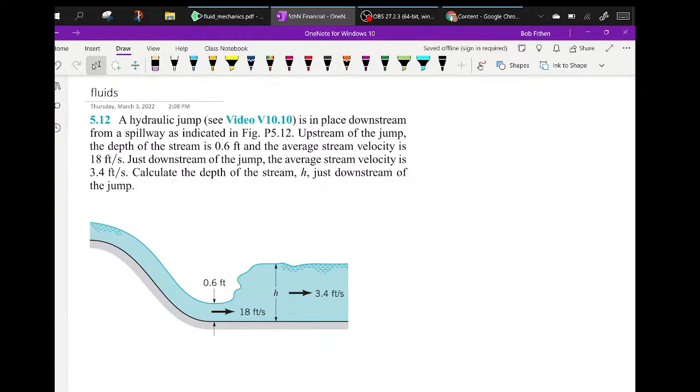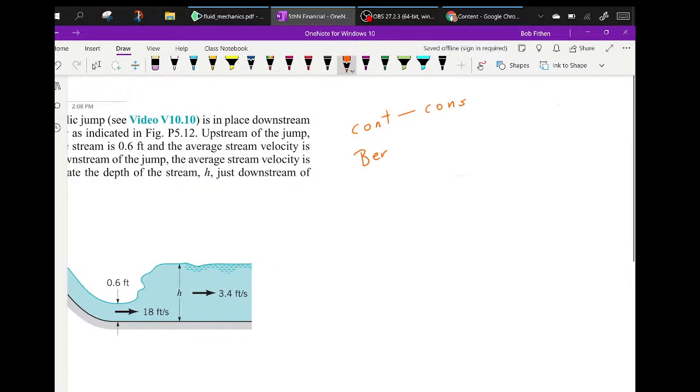So in all these problems, you've got concepts of continuity. You've got Bernoulli, which is conservation of mass. Bernoulli's is conservation of energy.